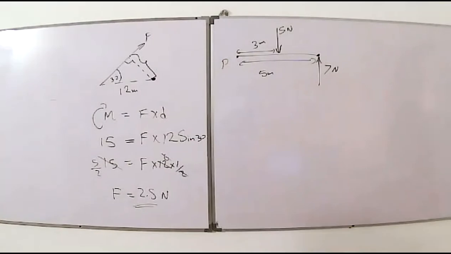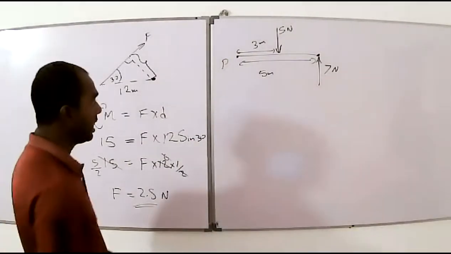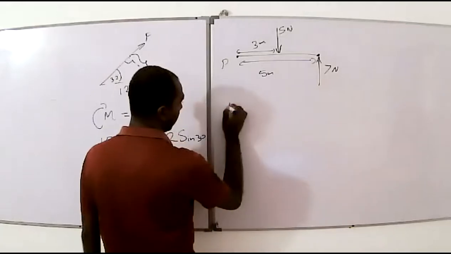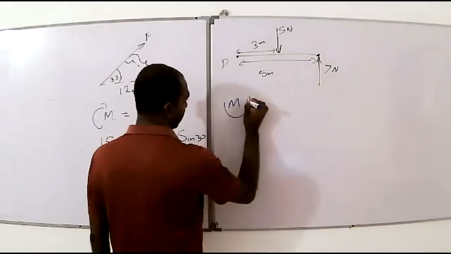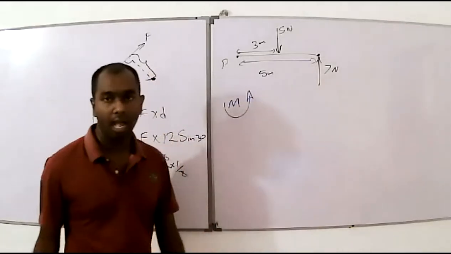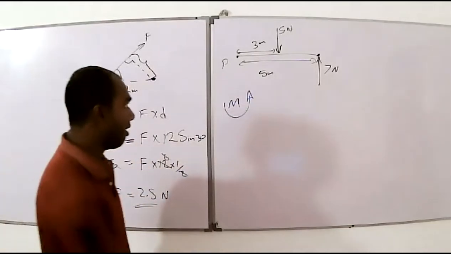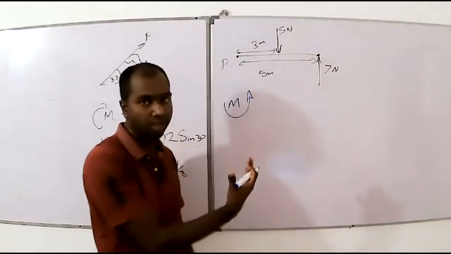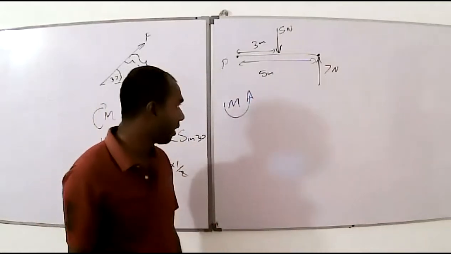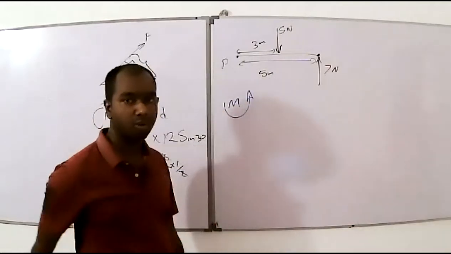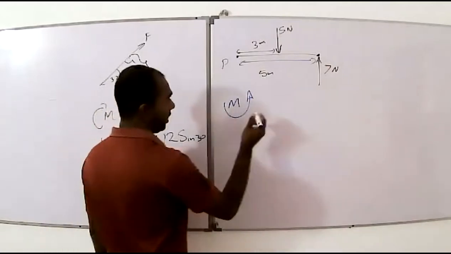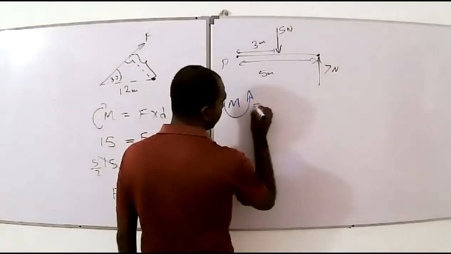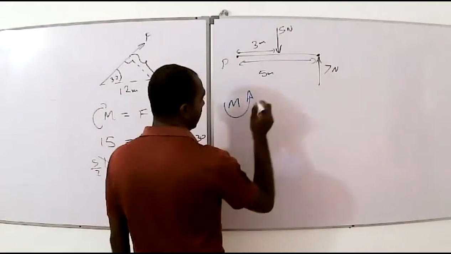I told you moment has a direction. So what you have to do is get the moment around this point P. You can go either clockwise or anti-clockwise. Now I feel like this one has a very large moment compared to this, so I take this way. It never matters. You can get it clockwise as well. So I am calculating the anti-clockwise moment.